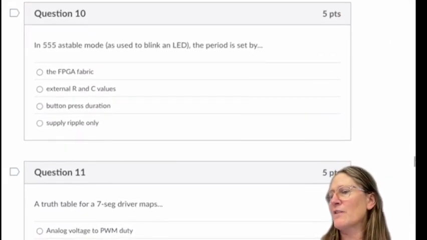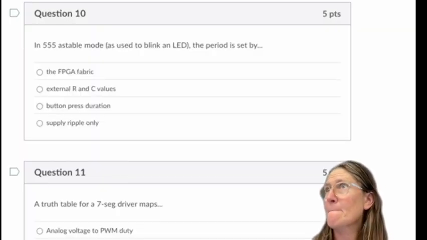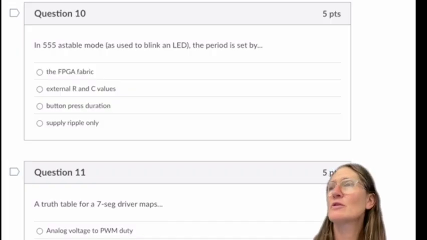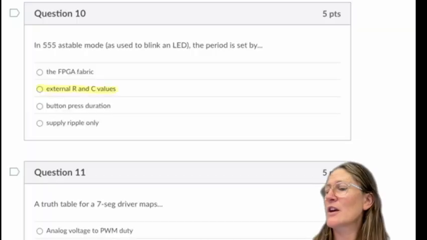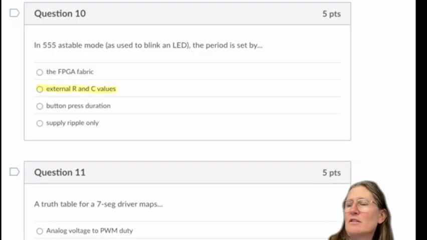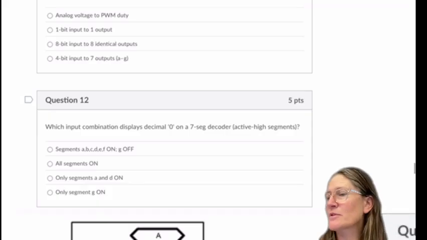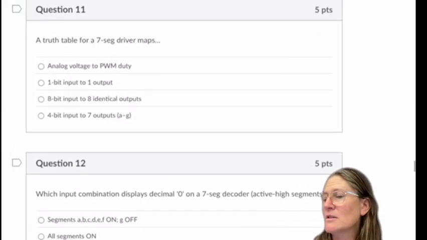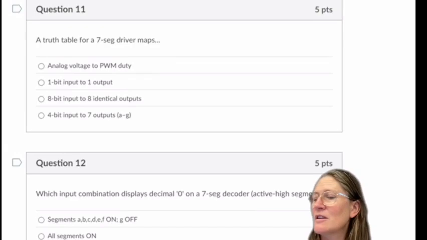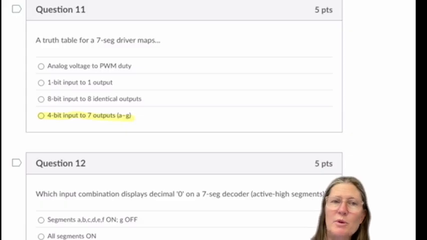In 555 astable mode, the period is set by which? The external R and C values, correct. A truth table for 7-segment driver maps the 4-bit input to 7 outputs, A through G.